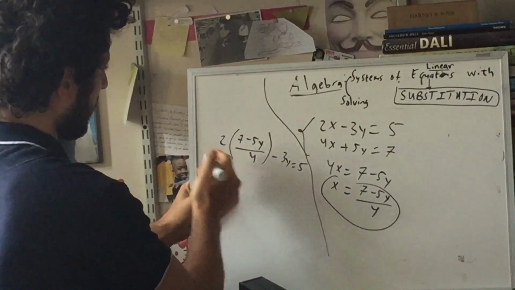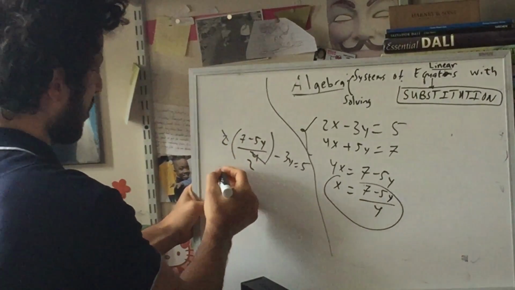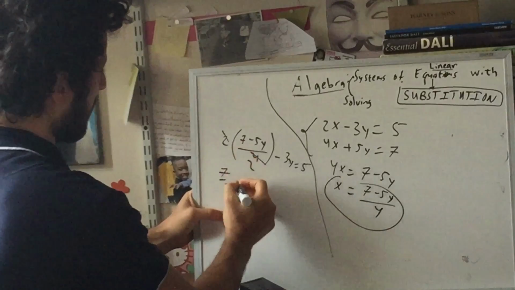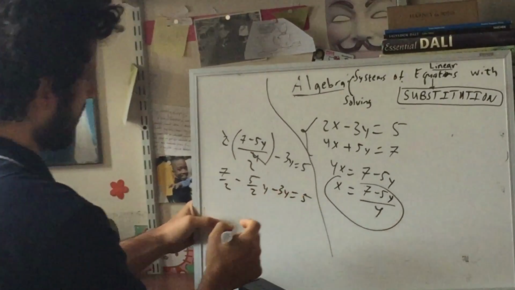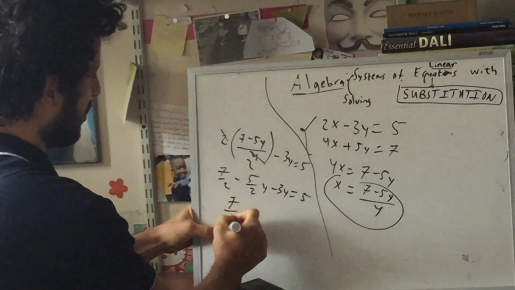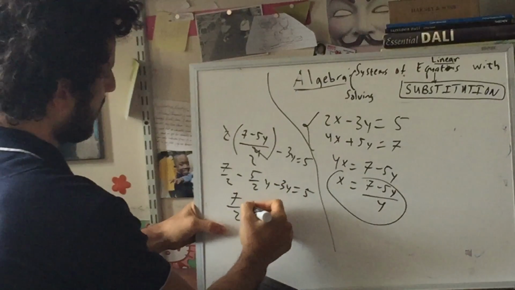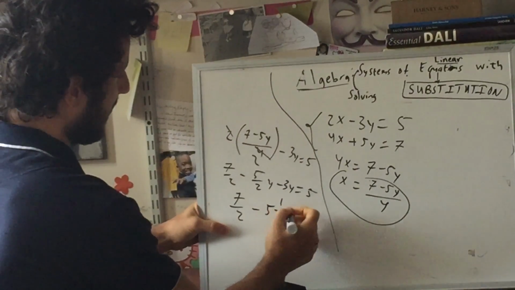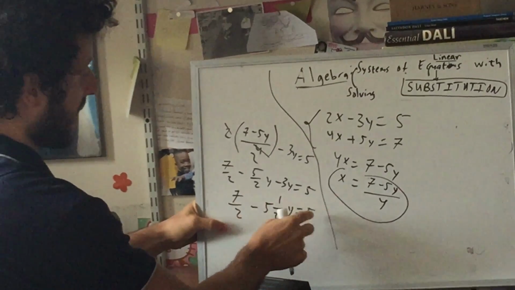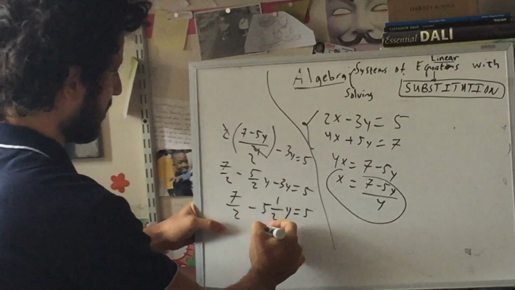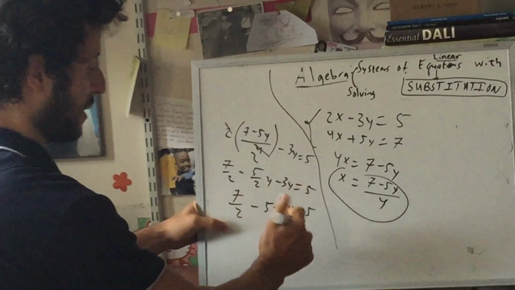The 2 over 4 gets simplified to over 2. So let's split this apart. It's 7 over 2 minus 5 over 2y minus 3y equals 5. So we're going to have 7 over 2, that's 3.5, and negative 2.5 minus 3, so that's negative 5.5y equals 5. Let's move this to the right and move the 5 to the left, except I'm going to write it right equals left instead of left equals right.